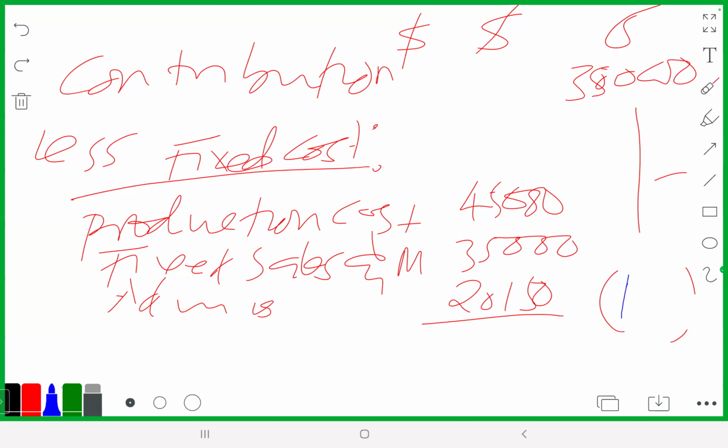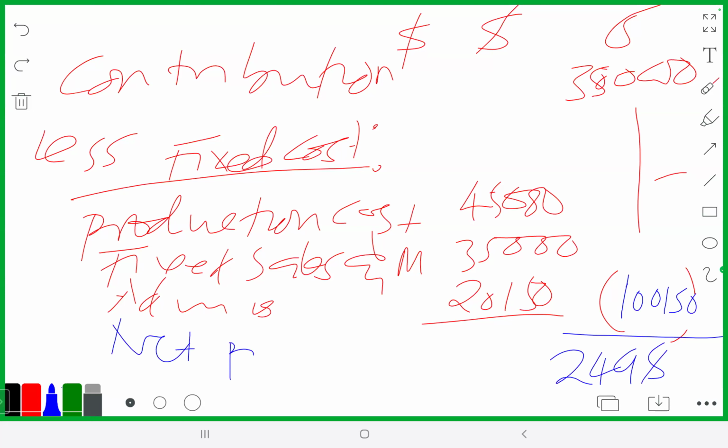So less that from 350 will give us 249,850. So the difference is 249,850. Then the profit, that's 249,850. That's the net profit.